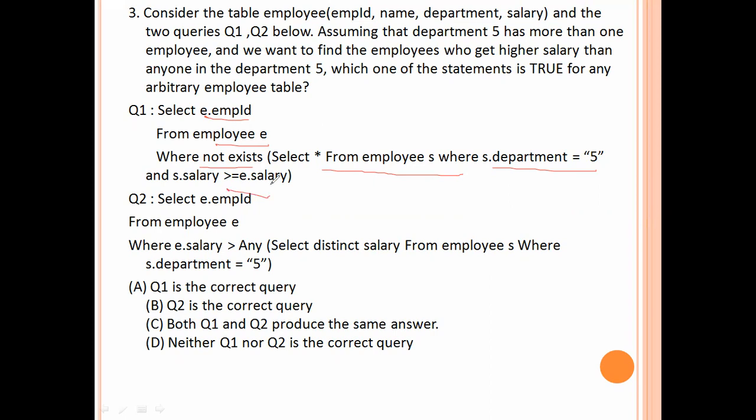So we select the persons who have a higher salary. In the second query, we select employee ID where E dot salary is greater than any distinct salary from employees with S dot department equal to 5. Distinct salary means salaries different from other employees belonging to department 5. So we observe that Q1 and Q2 give the same answer. So option C is the right answer.